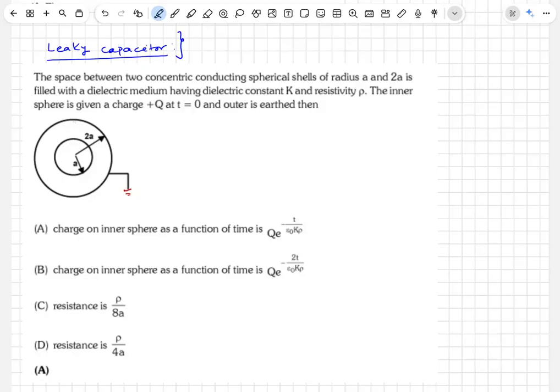So the identification of a leaky capacitor is that the space between electrodes is filled with a dielectric with considerable conductivity.